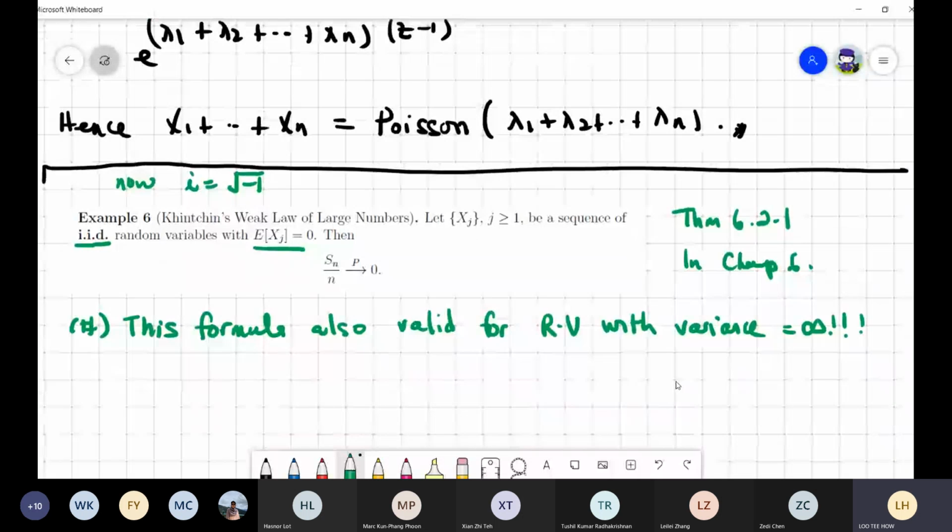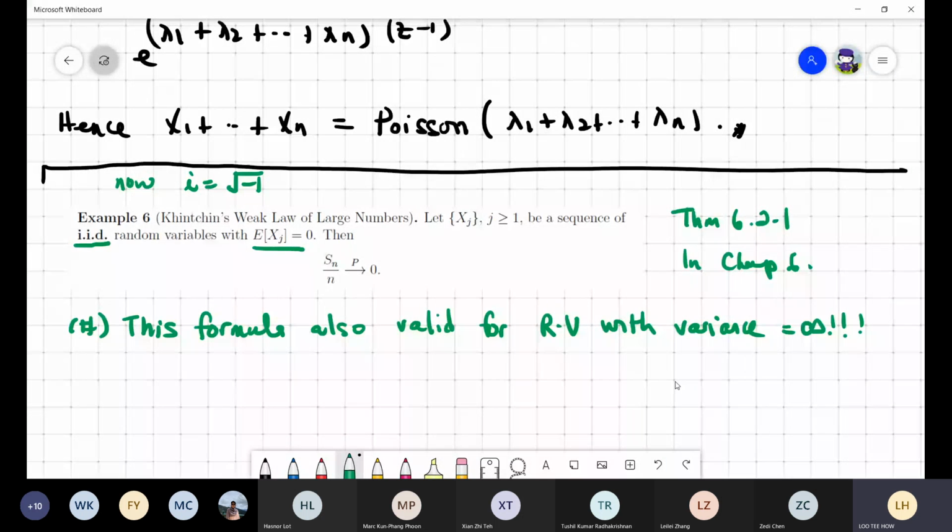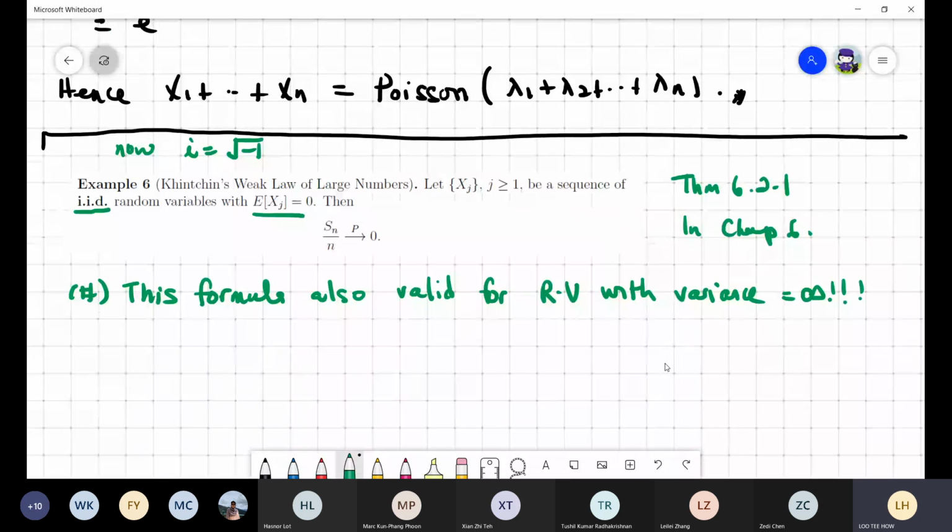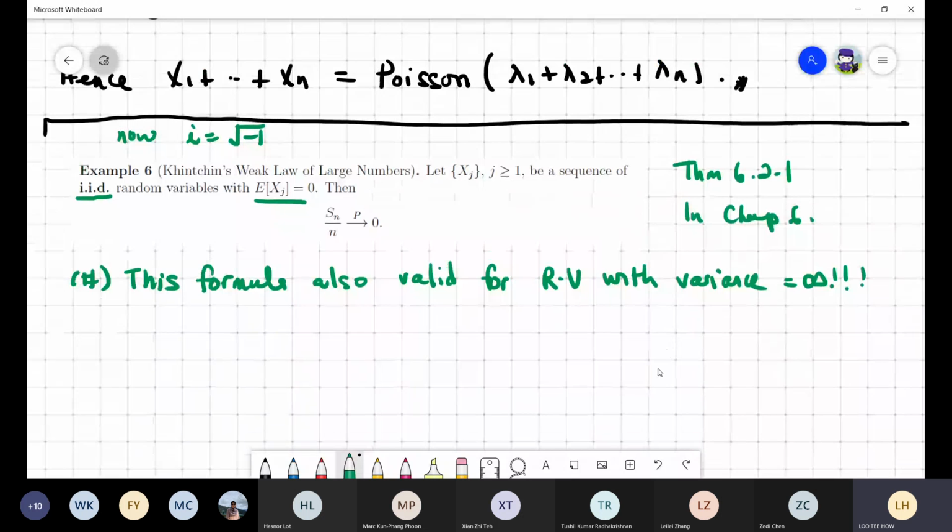So the proof is actually not so easy. We need to apply several formulas. The first formula that we need is this.